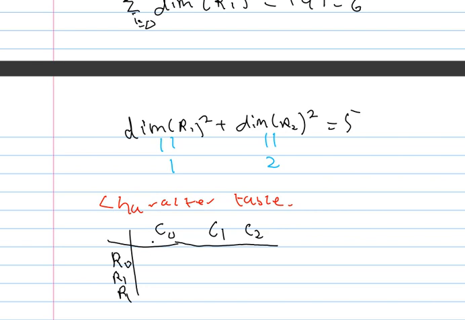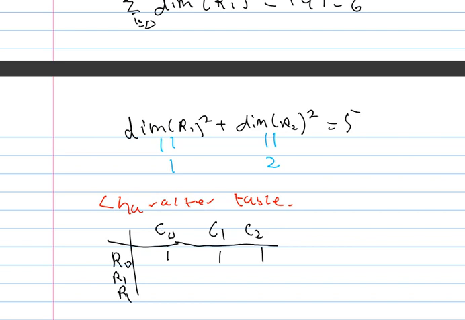Okay, so this is our character table. We have the characters in these columns here. We have the representations down here, and we know that every element of a given conjugacy class has the same character, so we only need to look at the conjugacy classes. The trivial rep has character 1 in all of them.